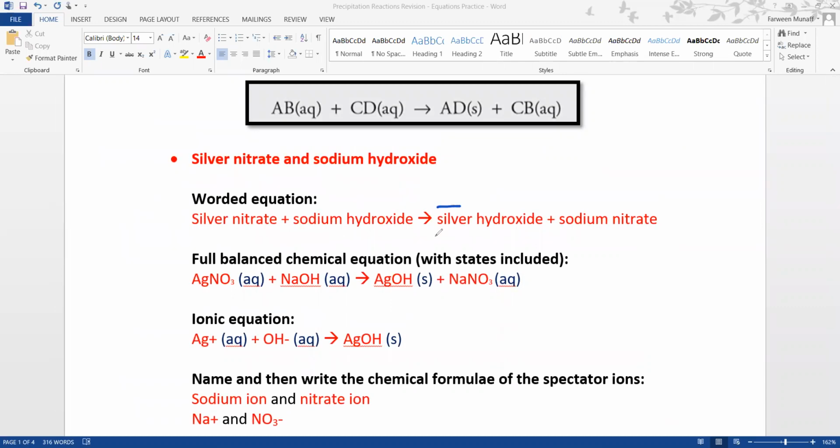Okay, so guys, in our products here, just to recap, can anyone tell me what is the name of the precipitate that is formed? Out of those two products, which one is the precipitate? If you know, just put it in the chat box.